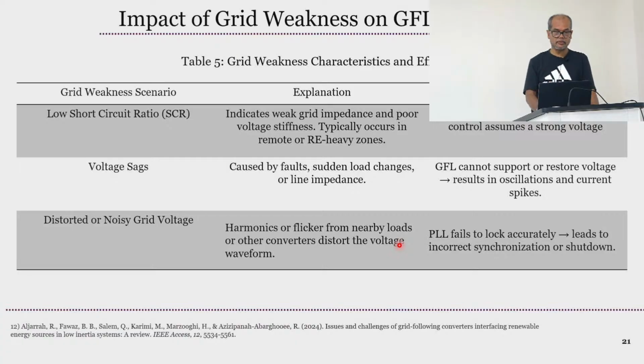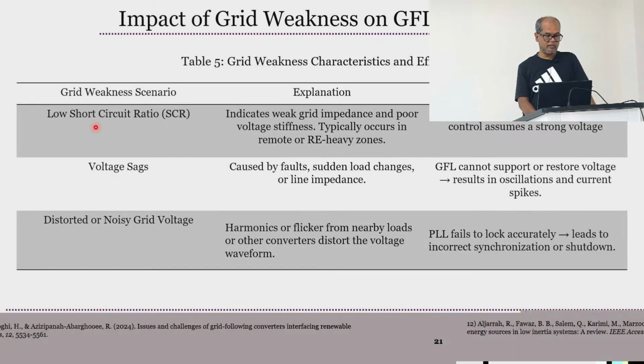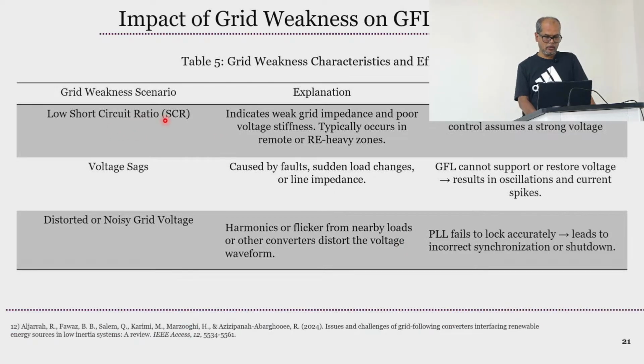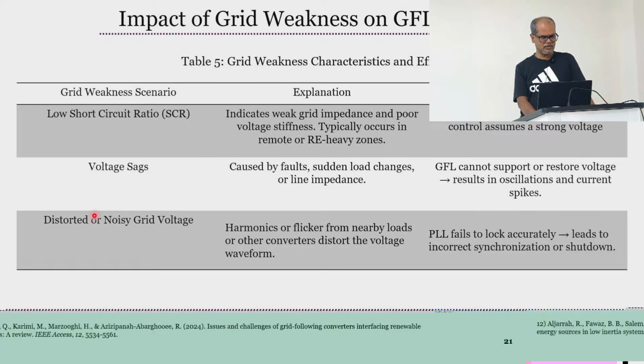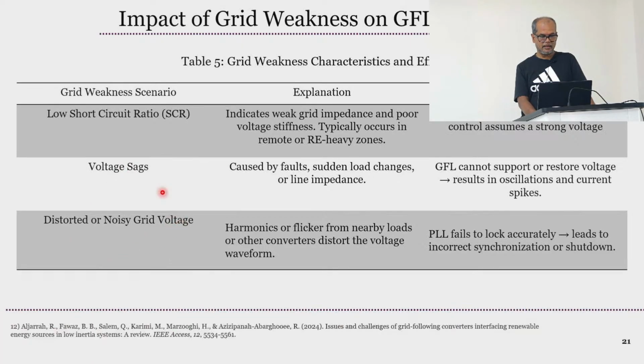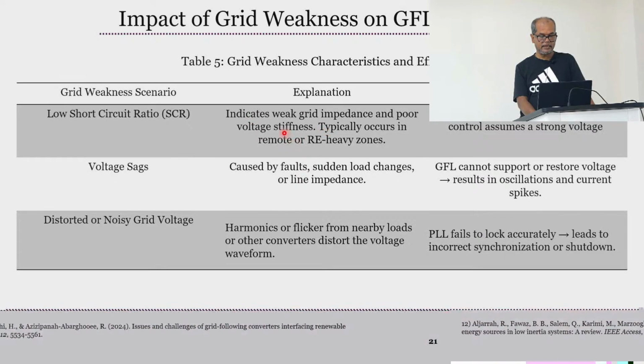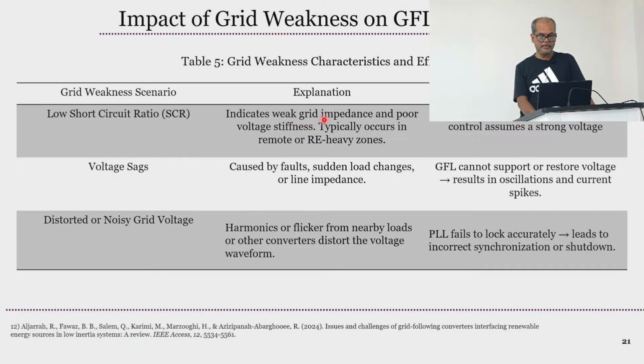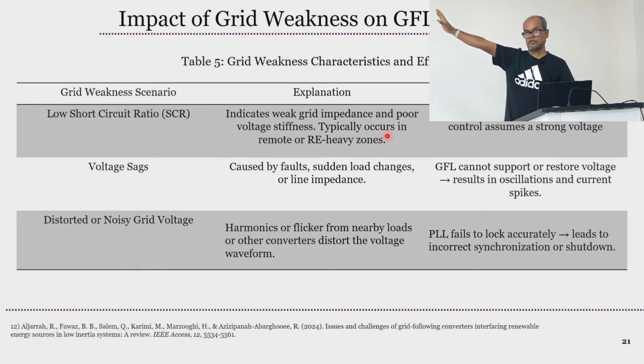I already mentioned that a weak grid has low short circuit ratio, voltage sag, and distorted or very noisy grid voltage. That indicates weak grid impedance and poor voltage stiffness, which typically occurs at a remote location.